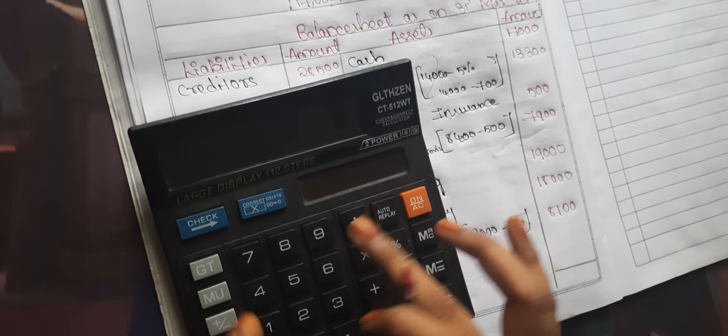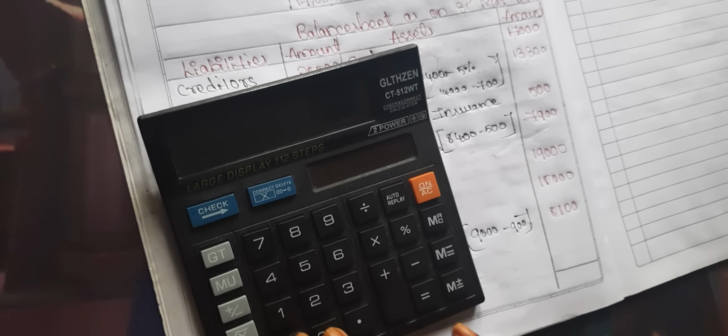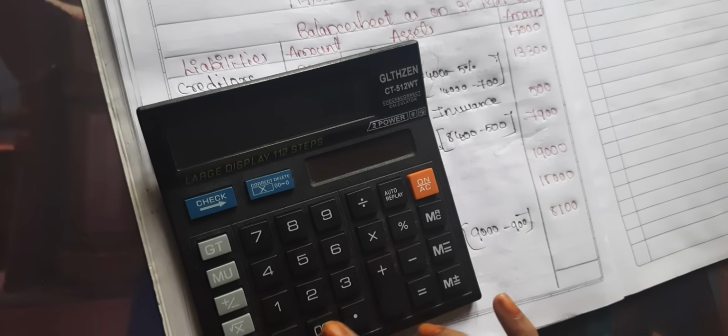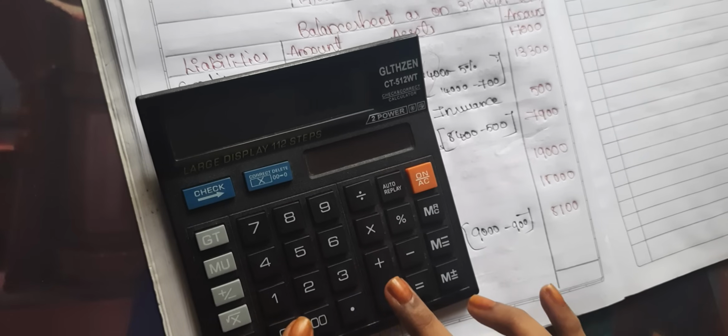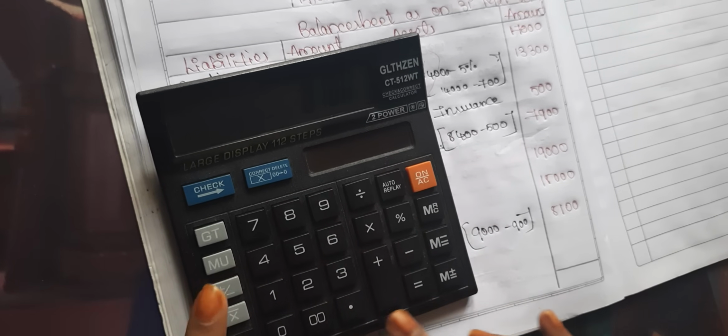Okay, done. So now add all these amounts. 17,000 plus 13,300 plus 500 plus 7,900 plus 19,000 plus 18,000 plus 8,100.